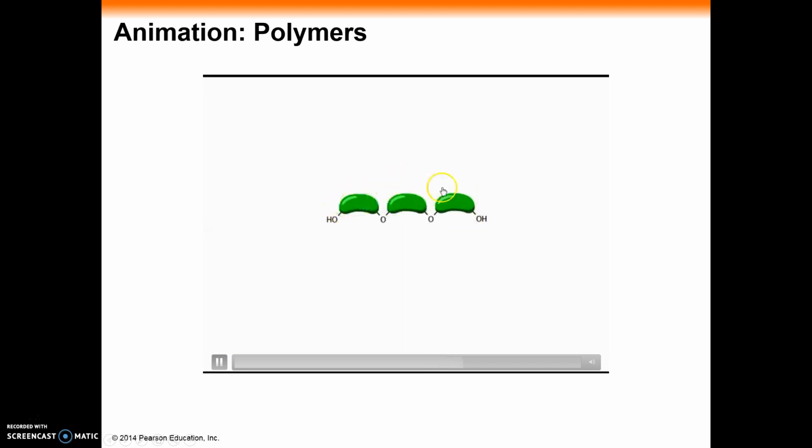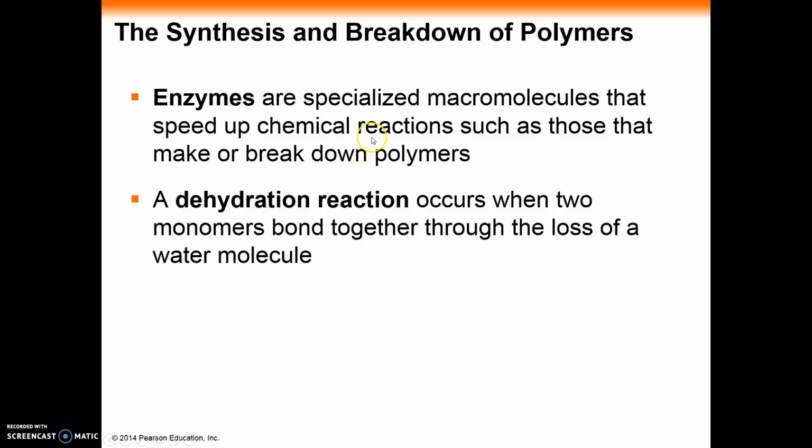Here we have three individual subunits linked together through this dehydration reaction, facilitated by an enzyme. You can imagine that if we can join them together, we can do the reverse. Here, we add water instead of removing water, and that breaks the linkage, getting us back to these individual monomers, which we can then recycle and reuse for another construct. So the synthesis and breakdown of polymers is facilitated by enzymes.